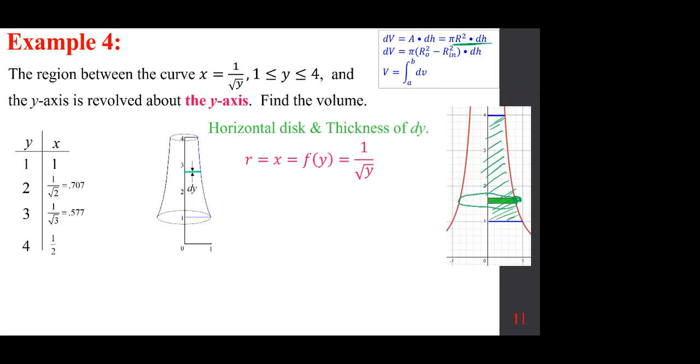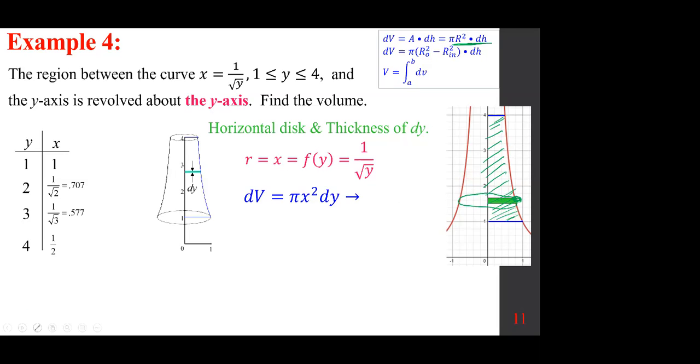So r, or x, or f of y, or 1 over square root of y, this is x. So basically plug it into this. Replace the r with 1 over square root of y and square it. Replace the h with dy. Because the formula is pi x squared dy, I can't emphasize enough, this is the x coordinate.